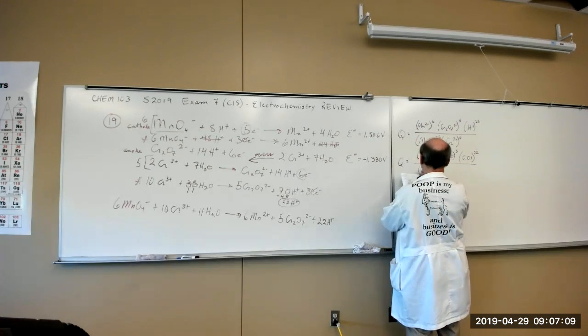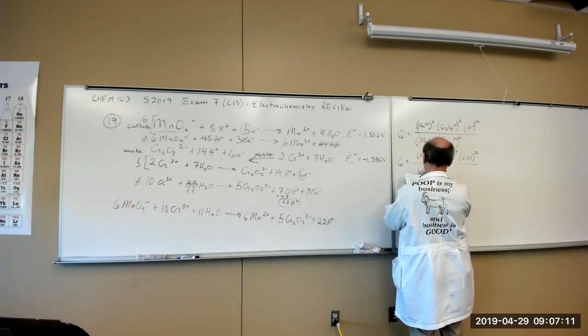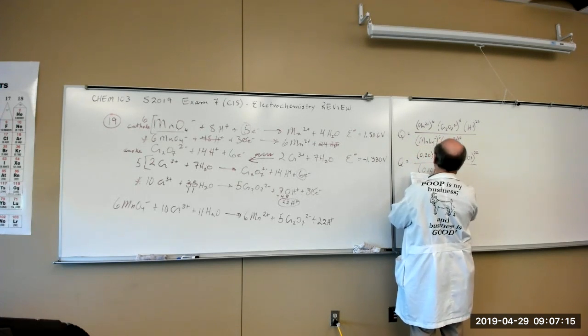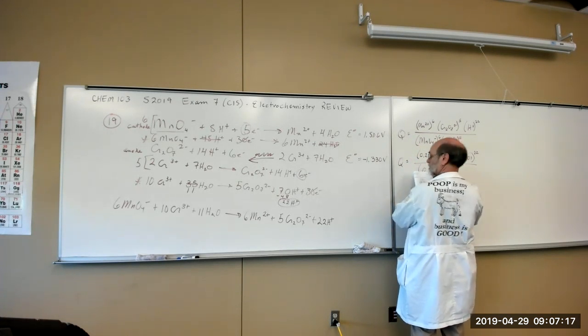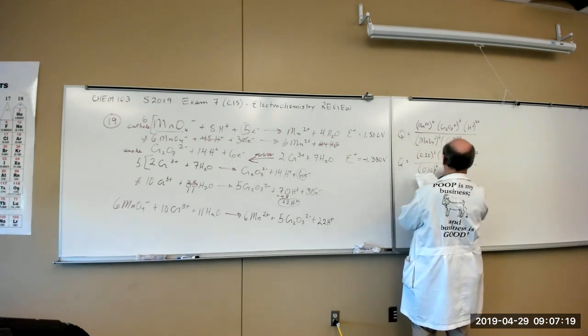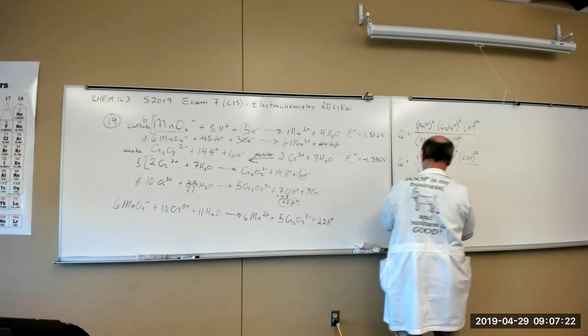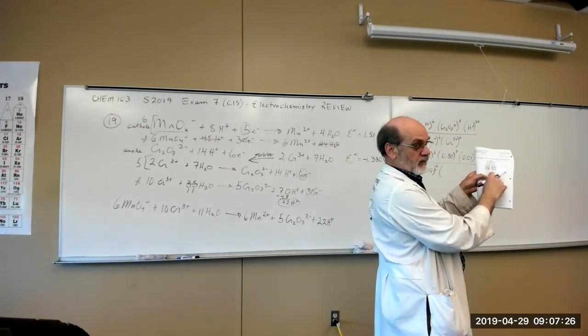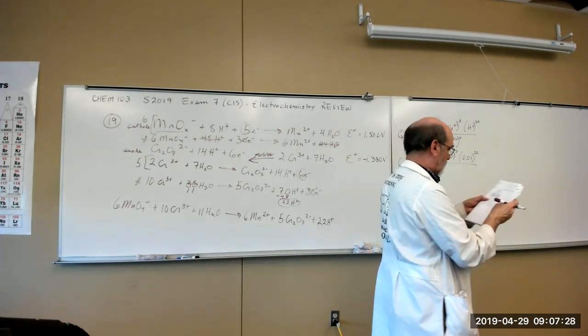The manganate is 0.1 to the 6th power. Yep. Where is that number coming from? From right under here. Oh. Right. These are the beginning conditions. Oh, right, okay. Yep.